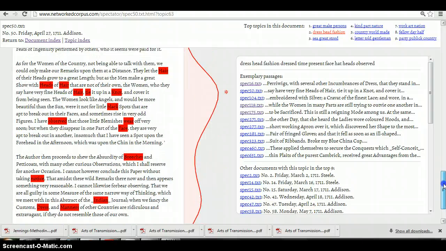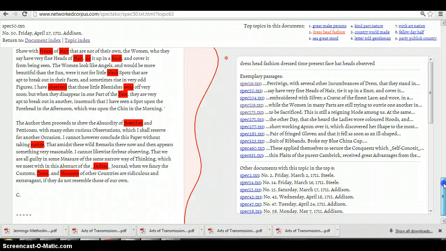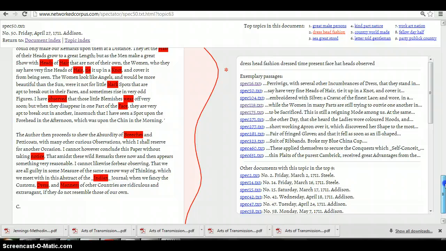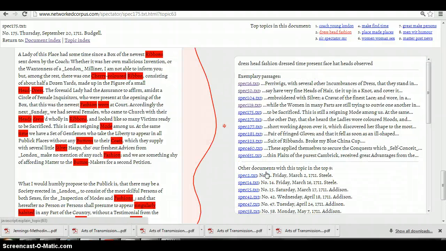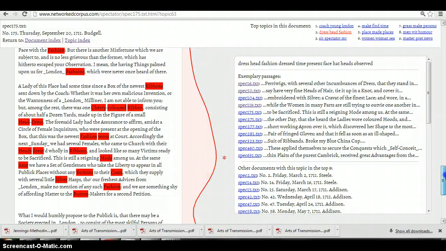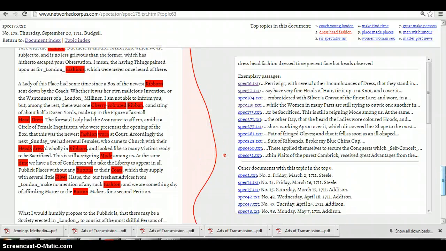Describing the account of the abstract of Spectator 175, we have a discussion of how certain fashions, masculine and feminine, get moved from the court to public.